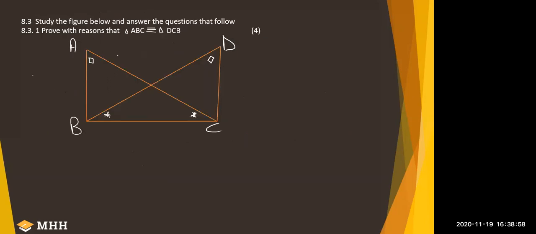Right, let's look at this type of question. If they say, prove with reasons that triangle ABC is congruent to triangle DCB. Congruency, you know what we are looking for. Side, side, side.